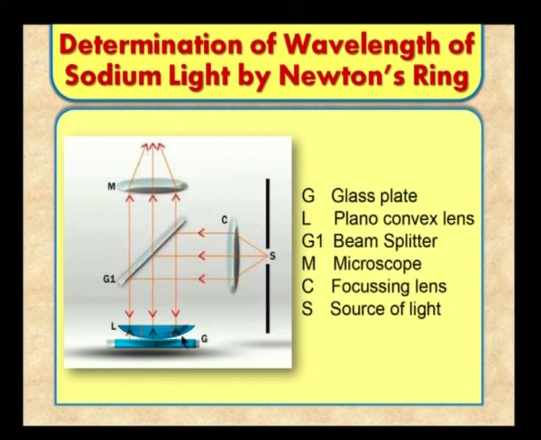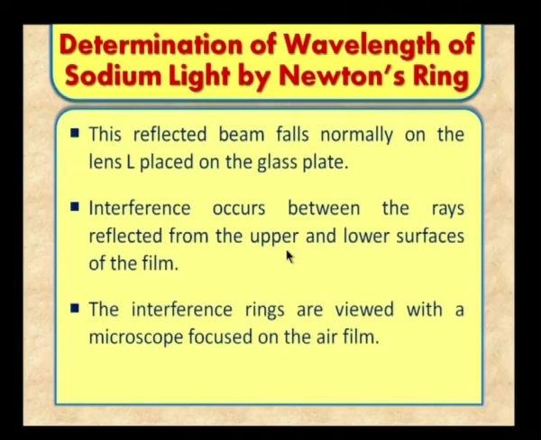The thickness of the air film will be increasing, and these two light rays will be interfering. So, this point is important. These are two light rays which will be interfering either constructively or destructively, and all of you know what is meant by constructive interference, what is destructive interference, what are the conditions to be met, and so on. So, interference occurs between the two rays which I showed you just now, reflected from the upper and lower surface of the film.